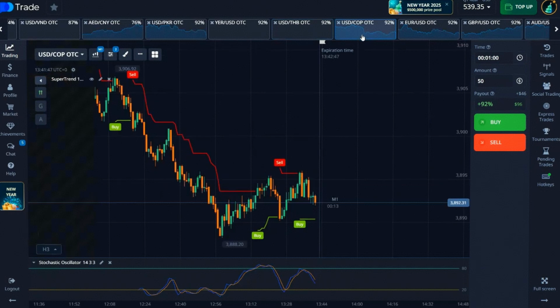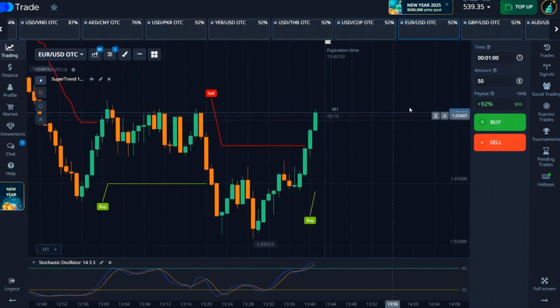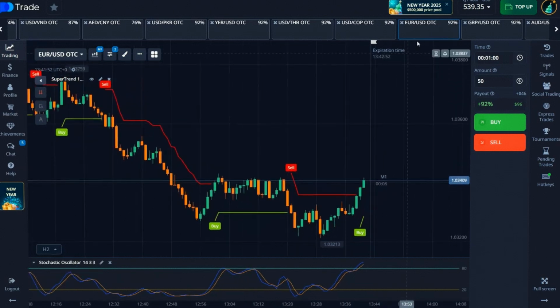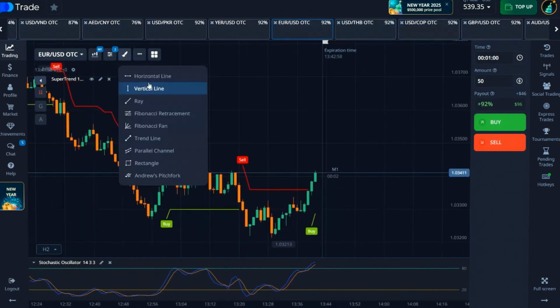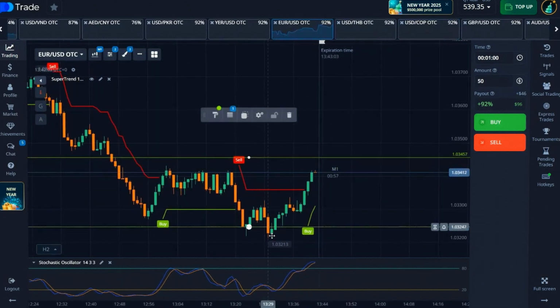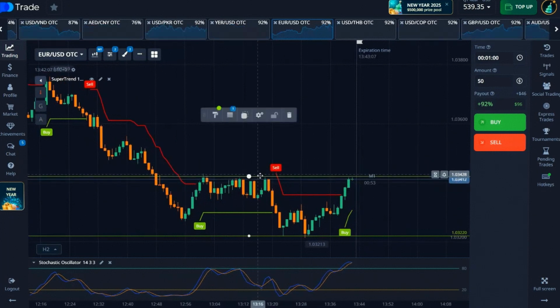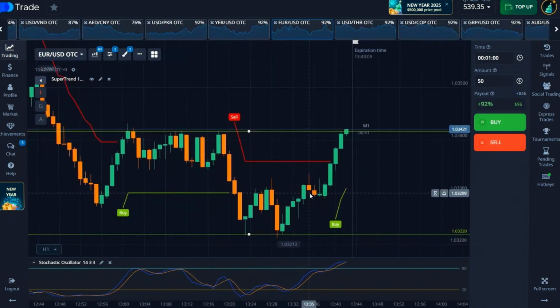Let's start looking for the first situation. Let's look at the stochastic indicator. Let's say this situation is the euro, the US dollar, a currency pair. Here, what we can immediately notice is that the price has approached the resistance zone and is, in principle, in a sideways channel. Here, we can expect a downward reaction from the resistance level.